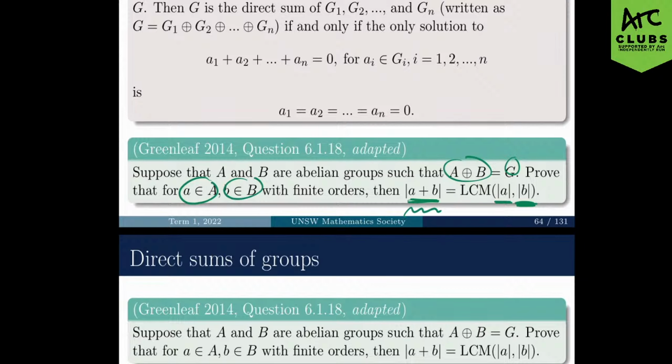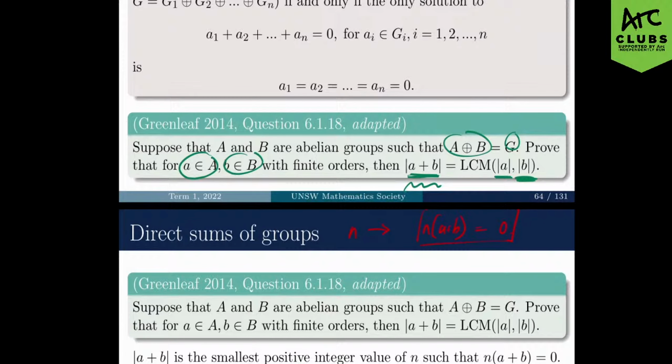An order n, in this case, is the smallest number n such that n times (a plus b) is equal to 0. Right? Remember from before, we did orders with normal groups, so g to the power of n is equal to 1. But now, instead of g to the power of n, we write ng is equal to 0.